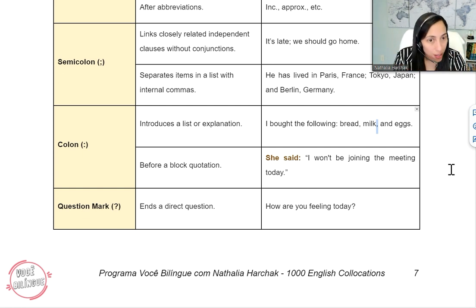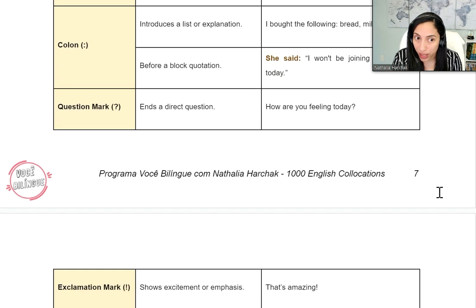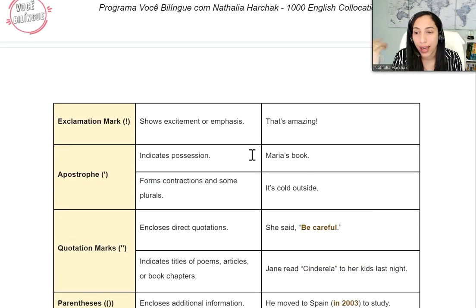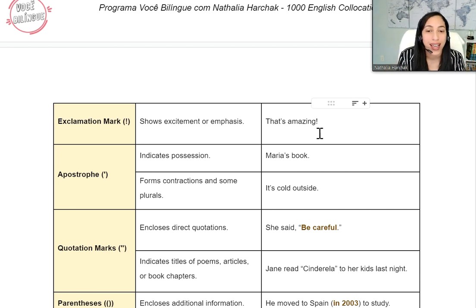Question mark. This is the easiest one in my opinion. It ends a direct question. How are you feeling today? Question mark. But some people forget to use question marks when they're writing, okay? Exclamation mark shows excitement or emphasis. That's amazing! So you see? Exclamation mark. By the way, something important.